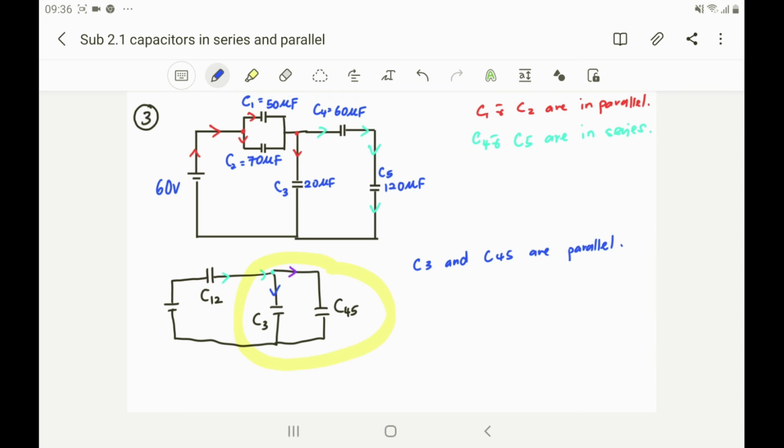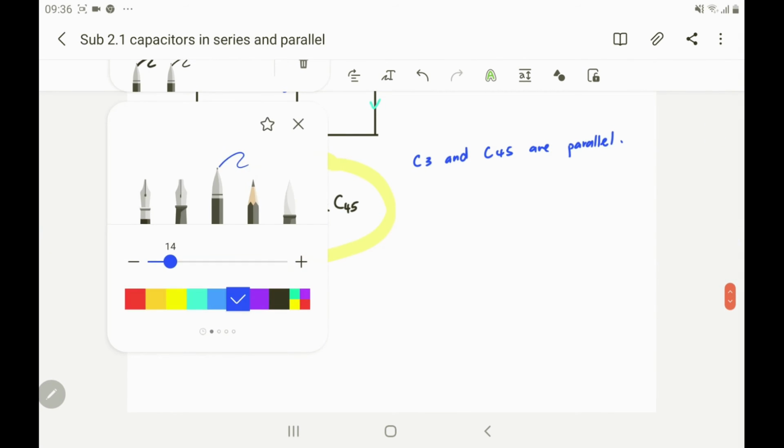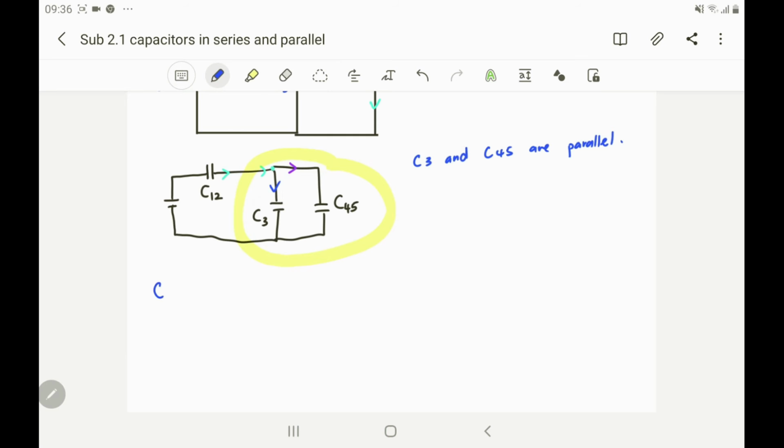So now we start our calculation with C45 first because they are in series. Let's write it properly. You want to calculate C4 and C5 and they are in series, so 1 over C45 is equal to 1 over C4 plus 1 over C5.